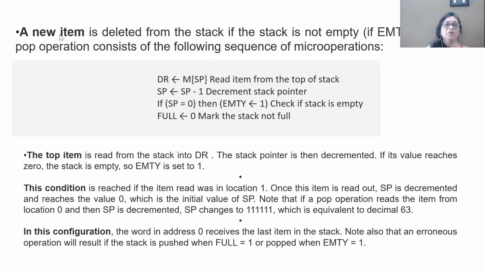Okay, so we were discussing the pop operation. That is, if empty is not equal to 1, or empty is 0, then and only then can we perform the pop operation.